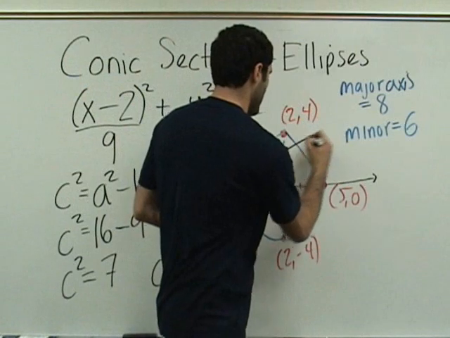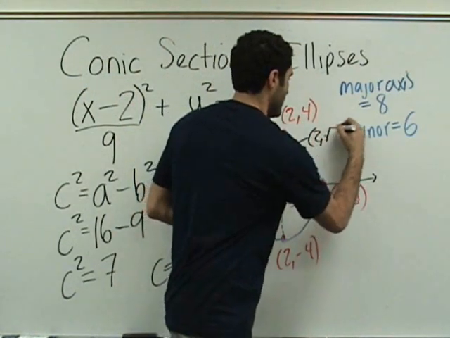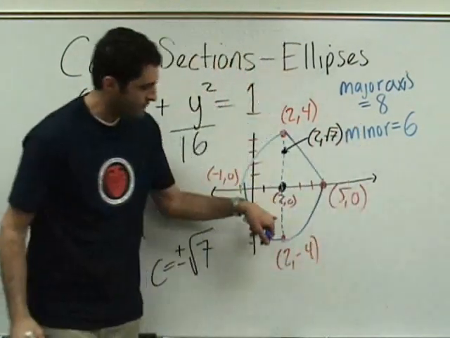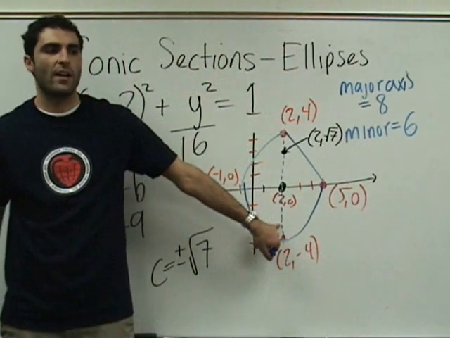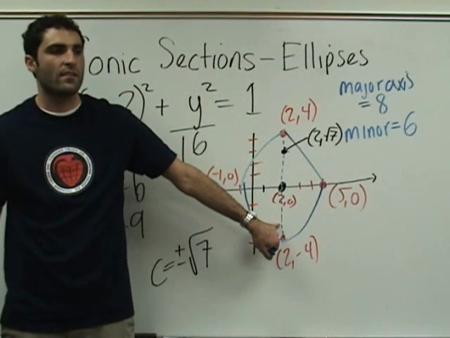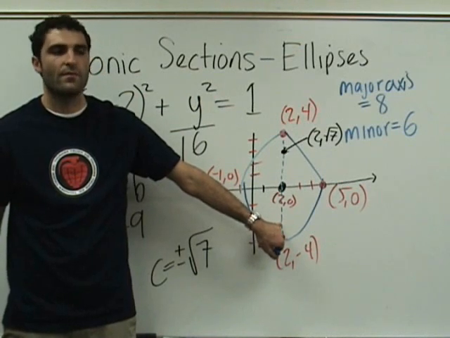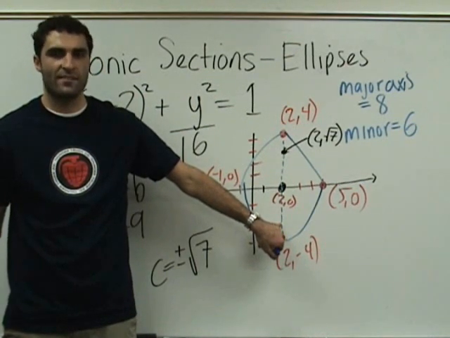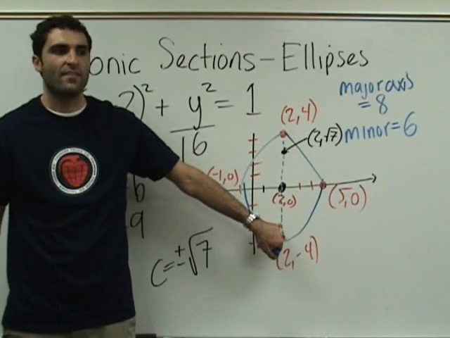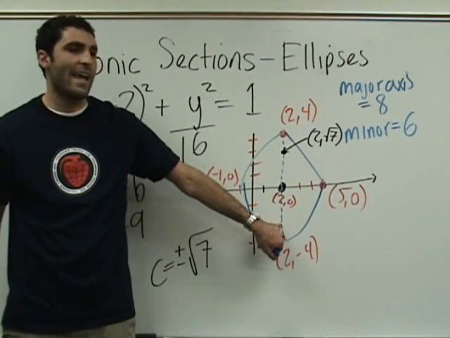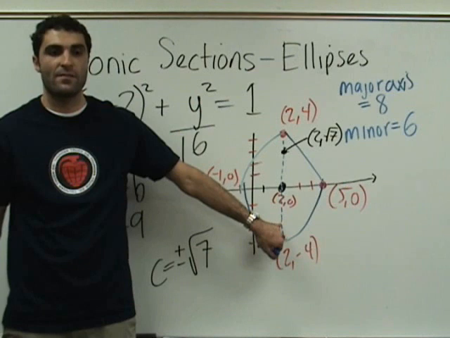Okay, 2 root 7. And then, negative 2, negative 7? Try again. You're almost there. X comma Y. 2, negative root 7.